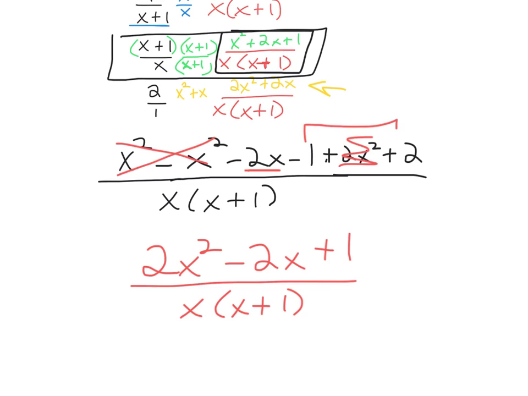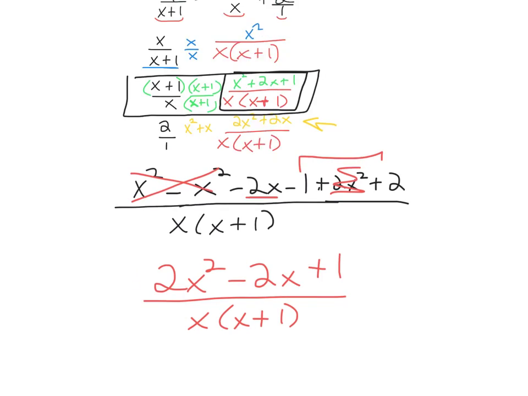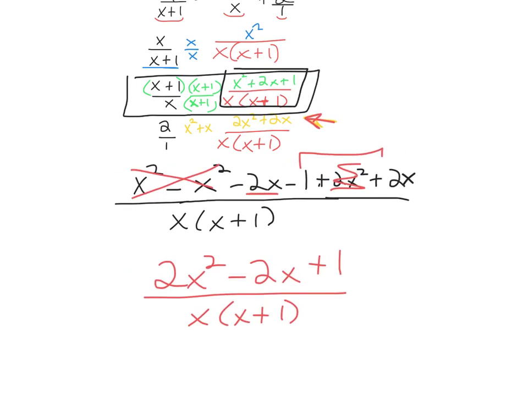Next thing I need to do is try to see if the numerator can be factored. One thing, when I put in this last yellow part, for some reason the x did not write in here. So notice here, my x squared term canceled.